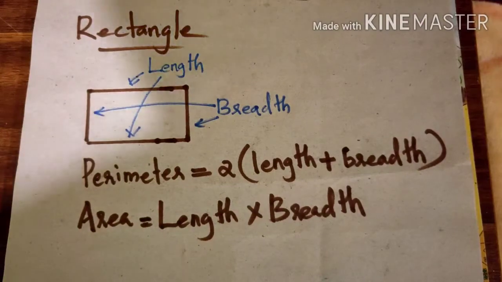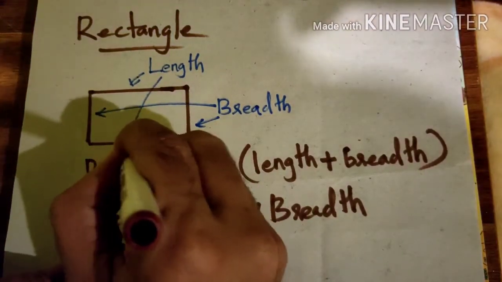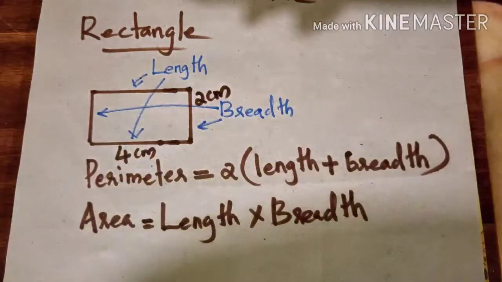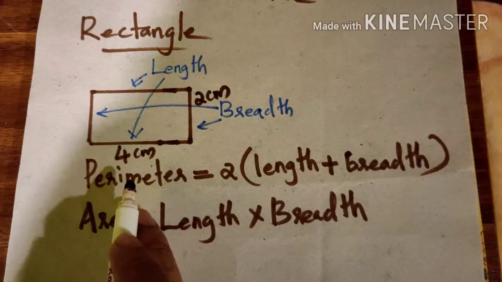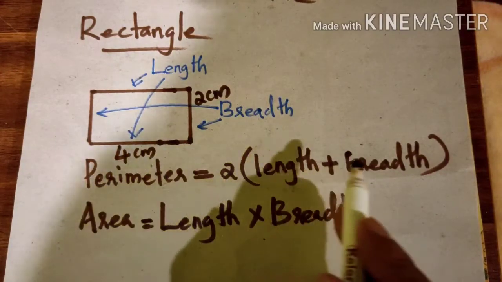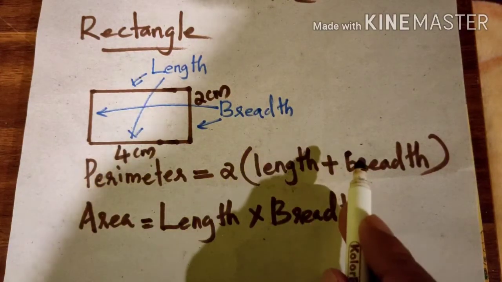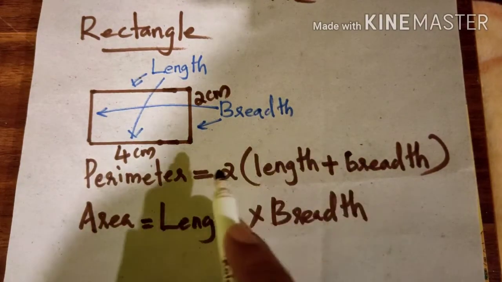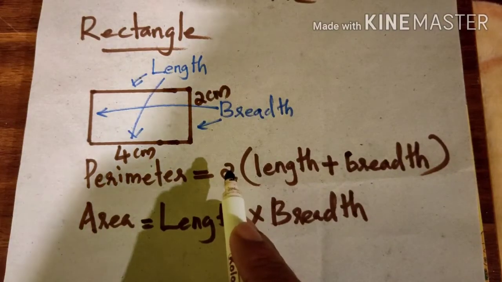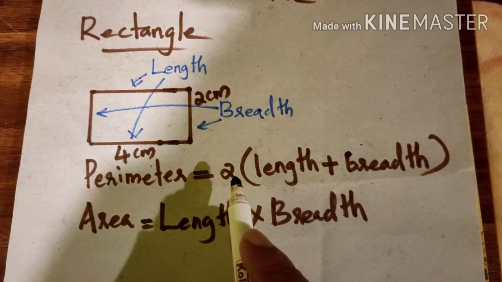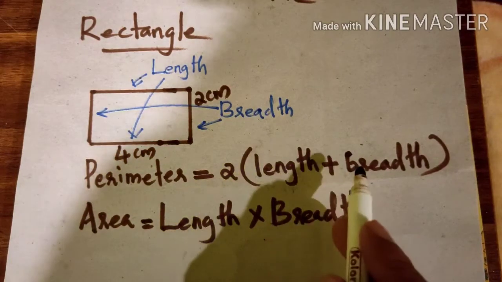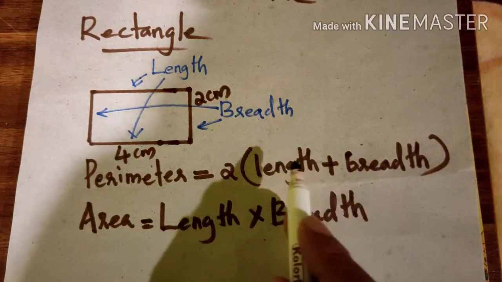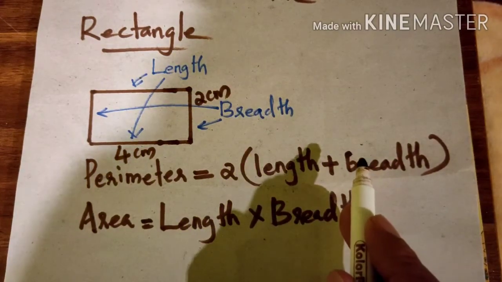So for example, if length is 4 centimeter and breadth is 2 centimeter, we add length and breadth. 4 plus 2 is 6.